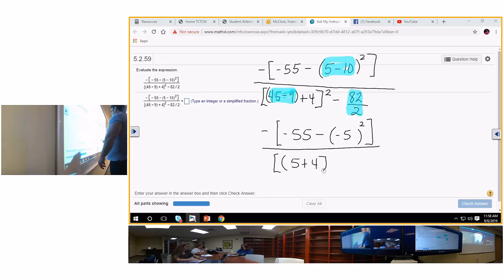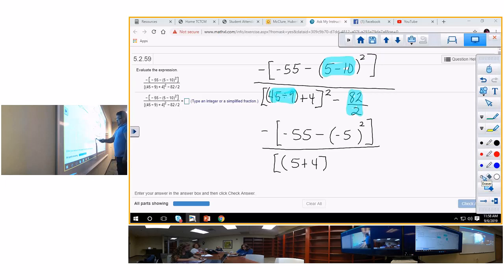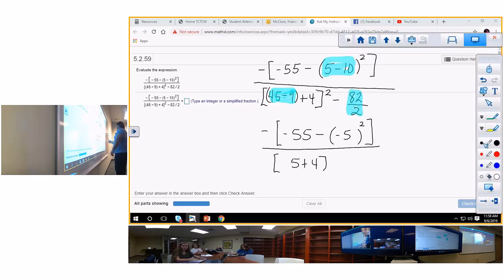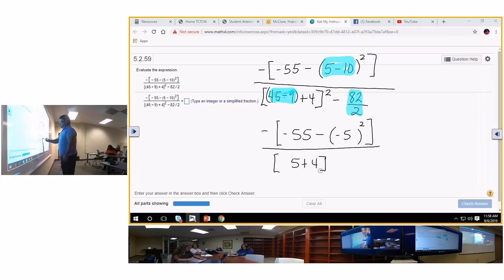I need to take that off; that parenthesis doesn't belong there. 5 plus 4, quantity squared. 82 divided by 2 is 41. All right, y'all check my math and go to the next step.